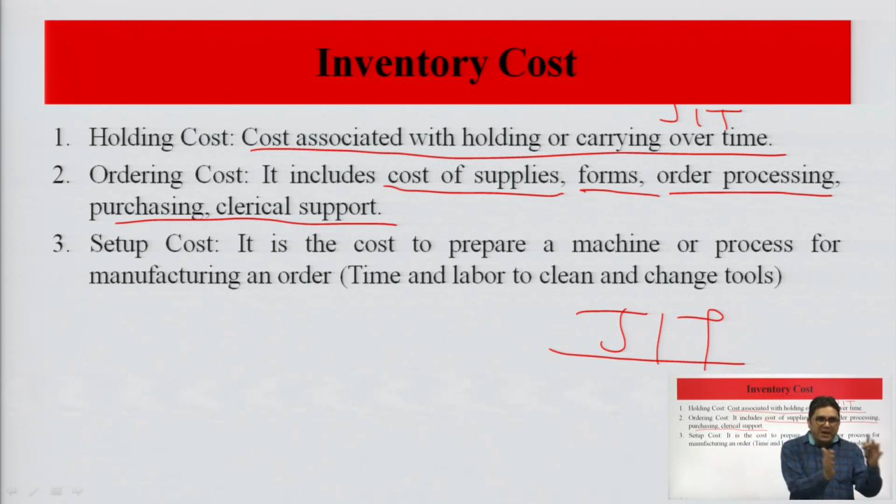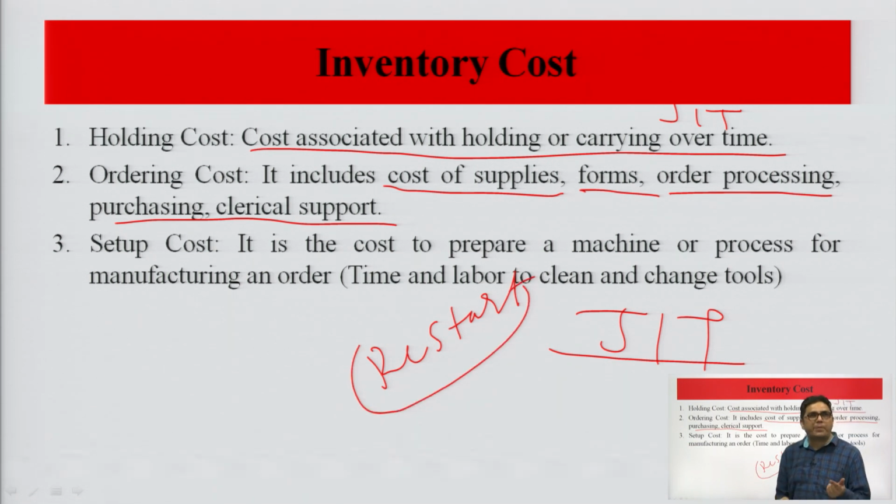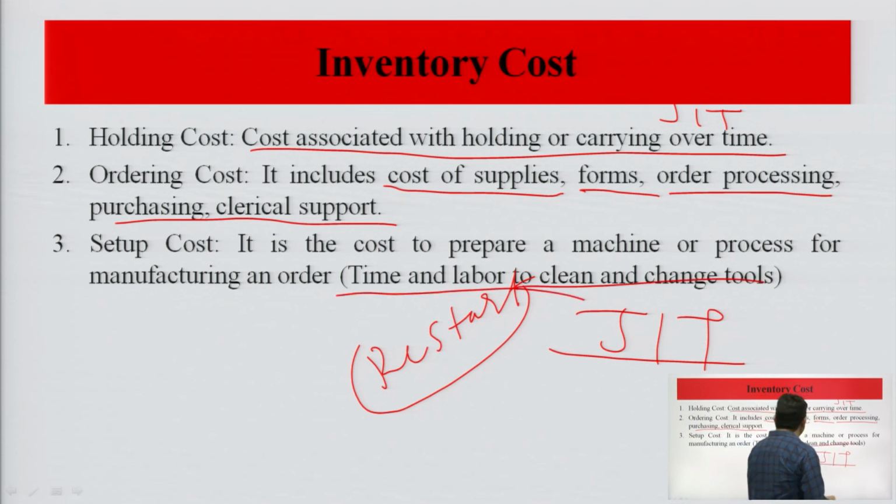So, one batch is finished and the second batch has to start, and you need to incur certain cost to restart your operation. This cost to restart the business, processes or production flow is called setup cost.